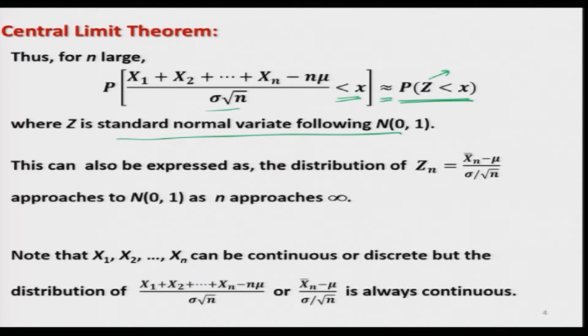This result can also be expressed as: the distribution of z n, which is x bar n minus mu divided by sigma by root n, approaches normal 0 1 as n approaches infinity.